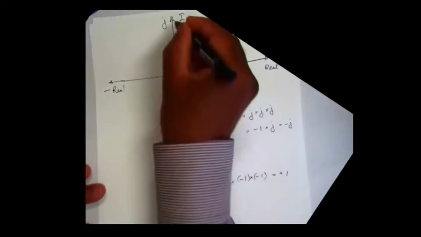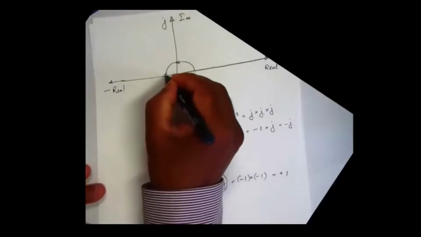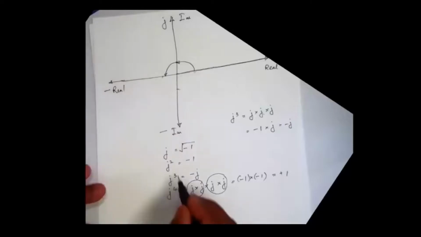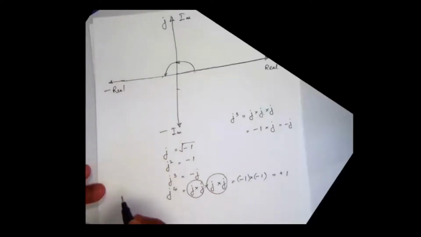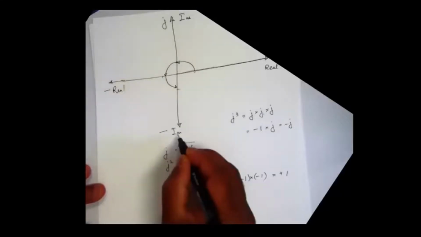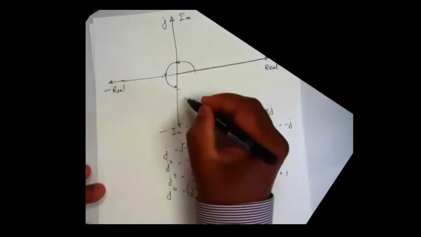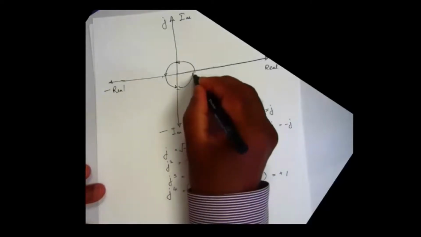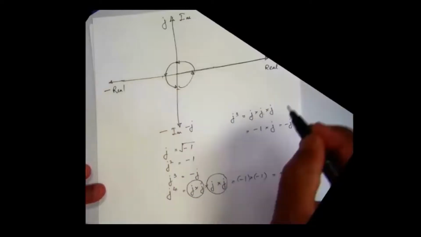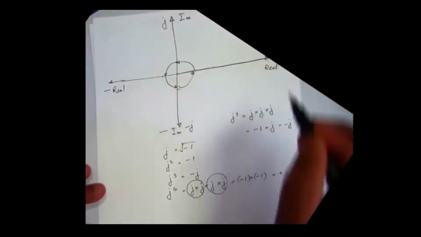So when we multiply it by j, we get the j axis there, and further multiply it by j, we get to the negative real axis, because j squared is negative 1, and when you further multiply it by j, you get negative j. And when you further multiply by 90 degrees, or multiply by j, which turns 90 degrees again, we get positive 1 and back to the real axis.